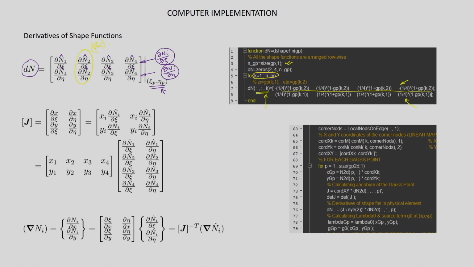So a particular column in this Dn matrix denotes the gradient of a particular shape function. The second column denotes the gradient of n2 hat in terms of xi and eta. We have to note this down, because we have to convert it into the gradient of the shape functions in the physical element.